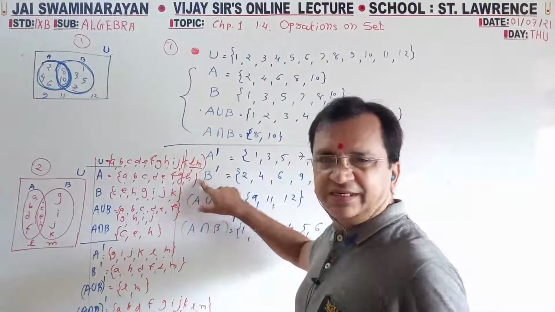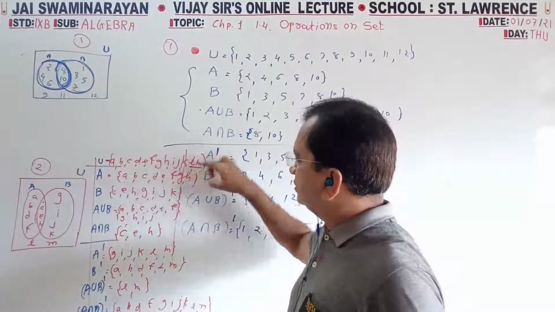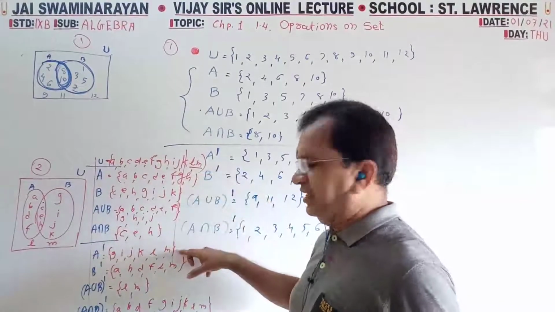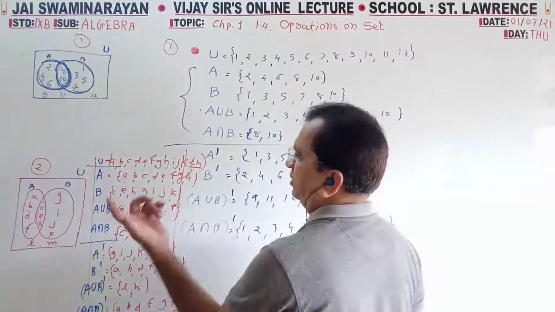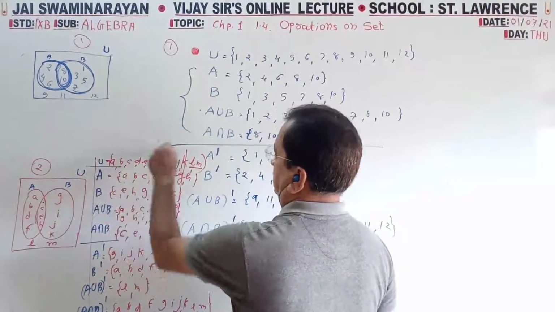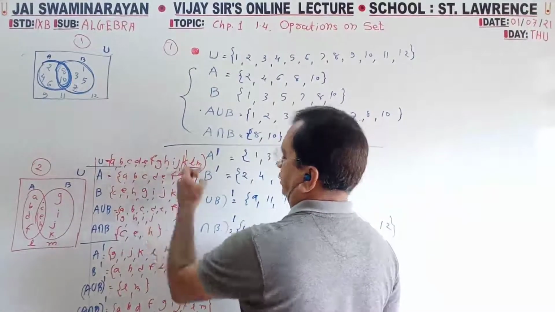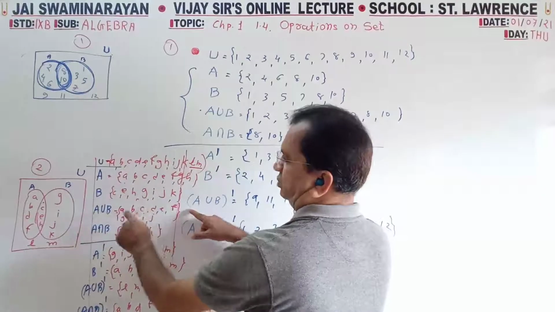Now if you get A from universal, remove all A, you will get A complement. From this, remove this. In an exam, what will you do? Take a pencil. C, C, E, E, H, H. So what remains? Write B complement. Then draw. You want this complement?